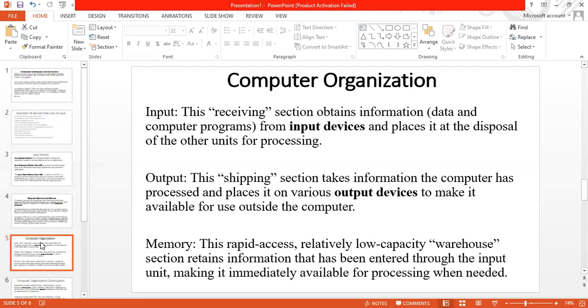So input is when we are receiving information from input devices, and we place it at the disposal of the other units for processing.